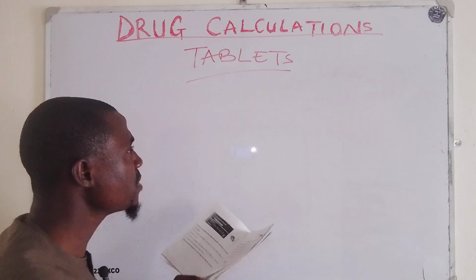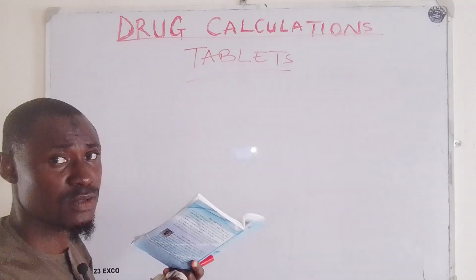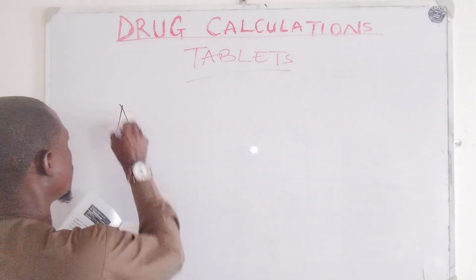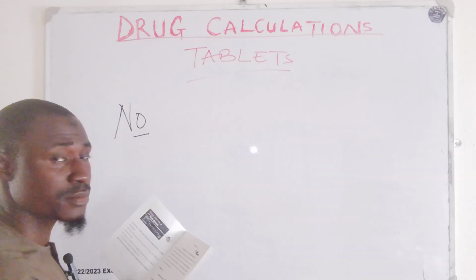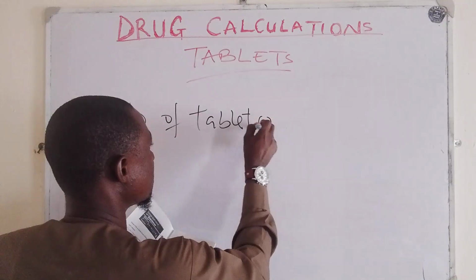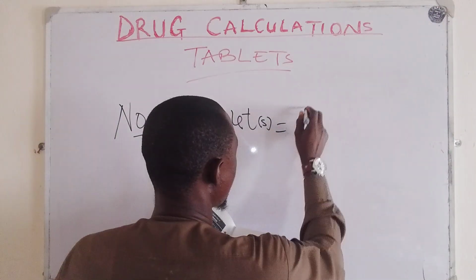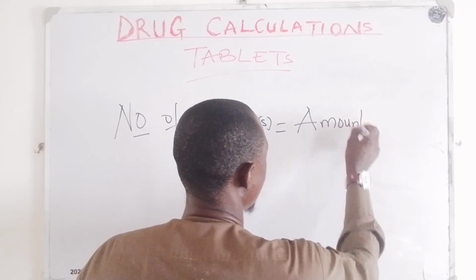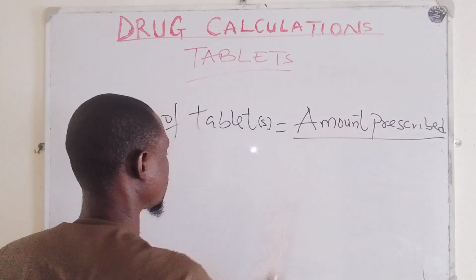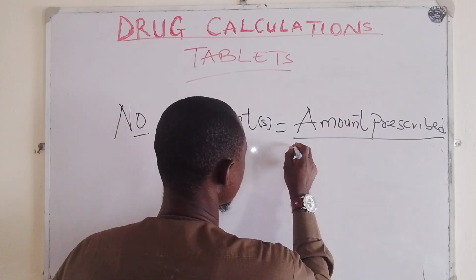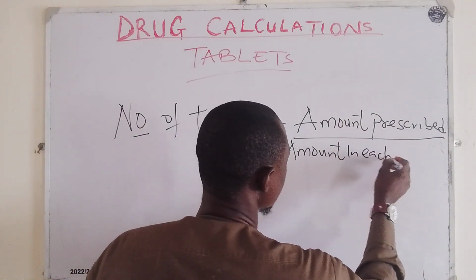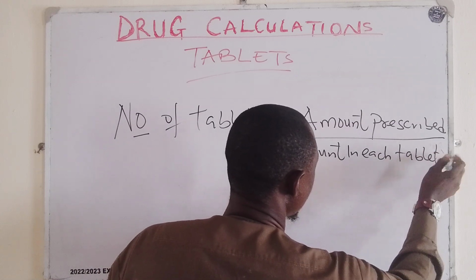Now, the formula to calculate the number of tablets you are going to remove or administer to your patient is given like this. Number of tablets, let me use NO as number of tablets, either tablets or tablet as the case may be, is given as amount prescribed over amount in each tablet.